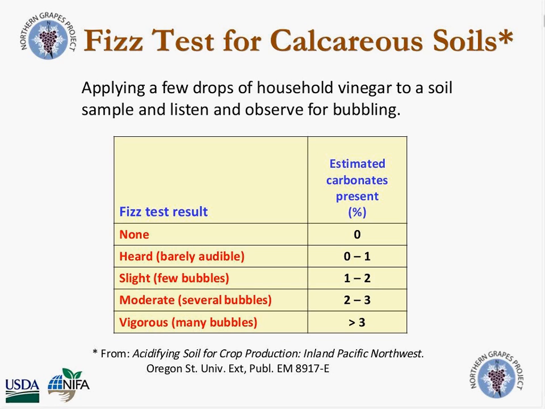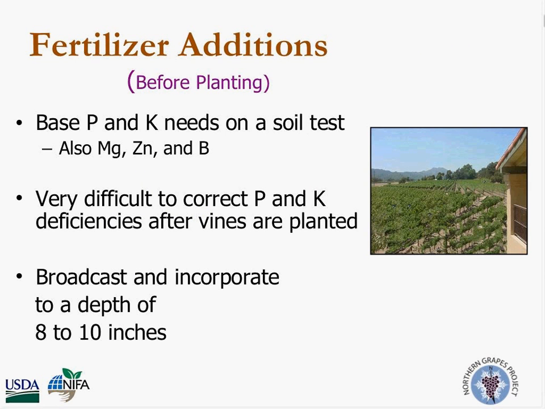If you see a few bubbles to many bubbles, I would not recommend using a lot of elemental sulfur because it's going to just get neutralized and you won't be able to acidify your soil very much. In that case, use iron chelates. If you use iron chelates, it would have to be done year after year because it's only a temporary fix, but it does help to solve the iron chlorosis problem.